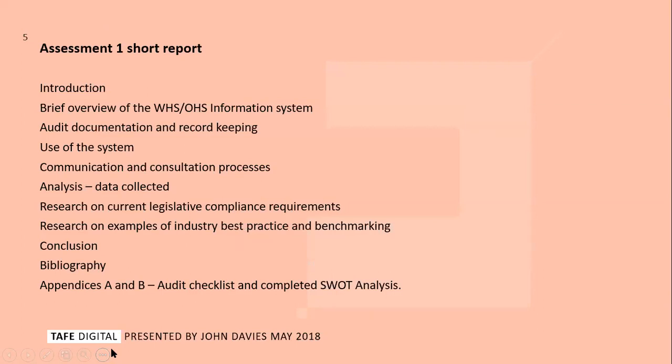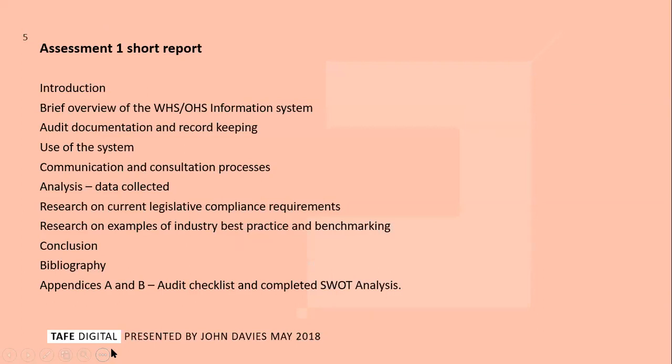Then we talk about the documentation and record-keeping processes. This describes policies, procedures, checklists, forms, registers, operational functions, and the like. Then the use of the system and for what purpose the information is collected.